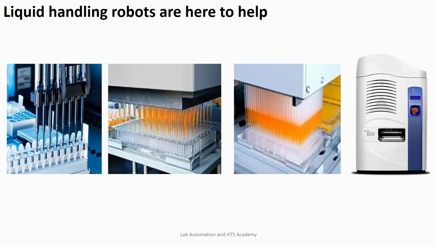With the 96 channels, you can transfer an entire 96 well microplate in one aspiration, or you can convert 96 into a 384 well. We also have 384 well heads that can transfer an entire 384 well plate into another plate.